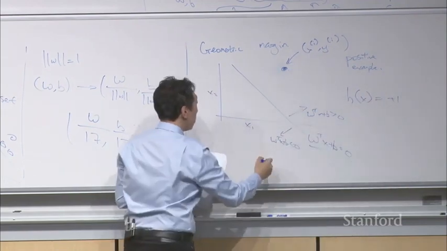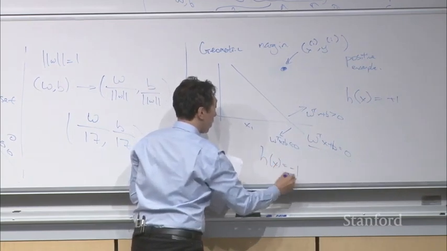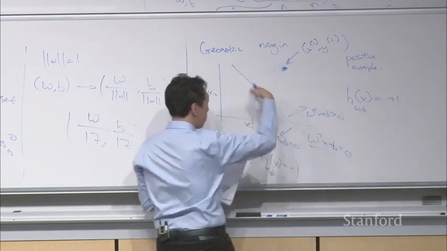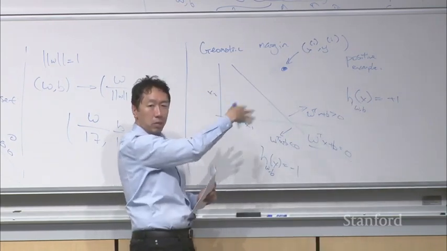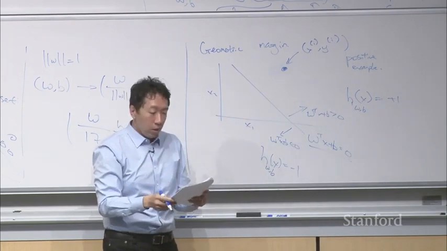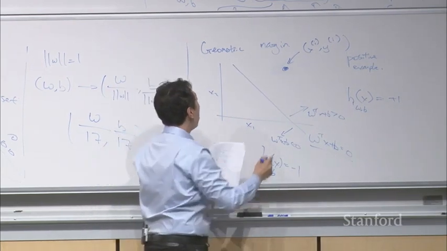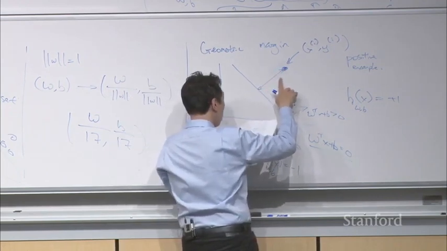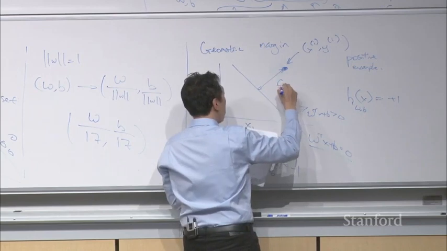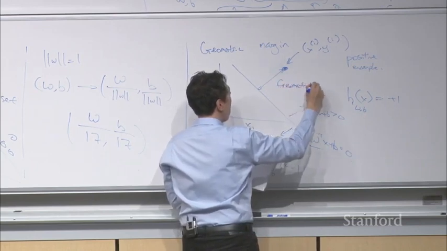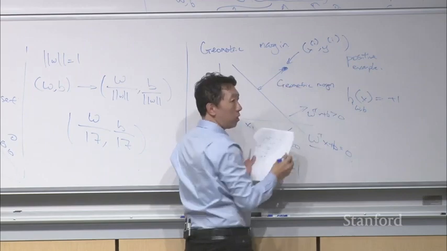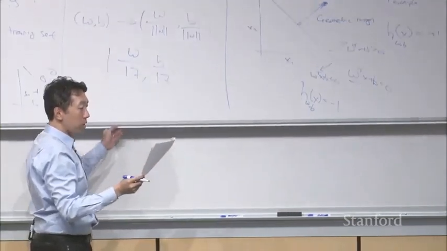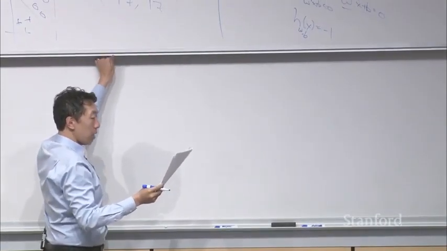Whereas in this lower half region, it would be predicting h of x equals negative 1. And that's why this straight line, where it switches from predicting negative to positive, is the decision boundary. So what we're going to do is define this distance to be the geometric margin of this training example. It's the Euclidean distance that we'll define to be the geometric margin. So let me just write down what that is.